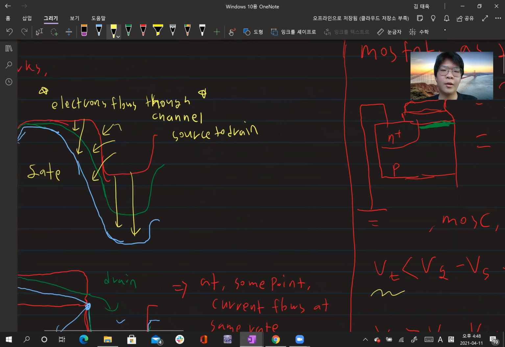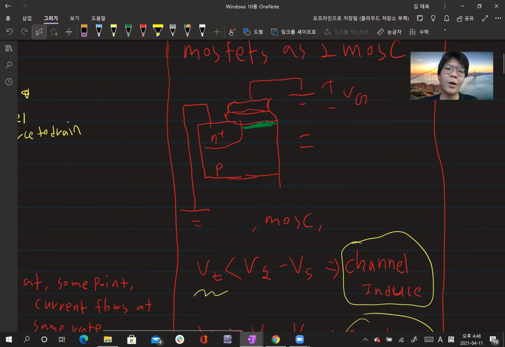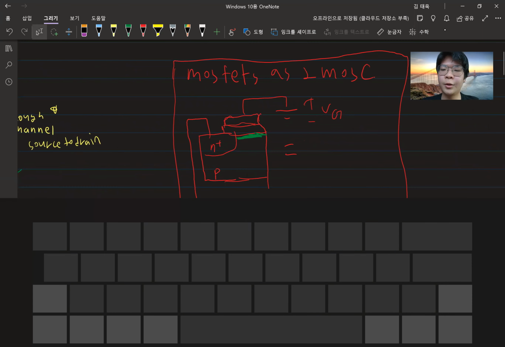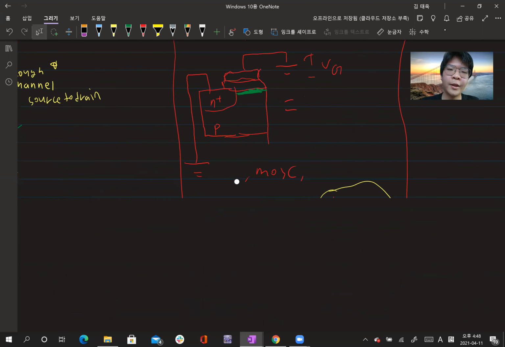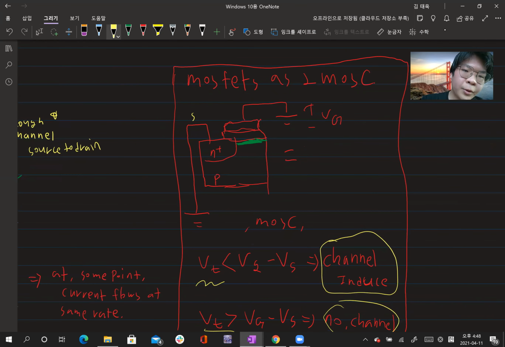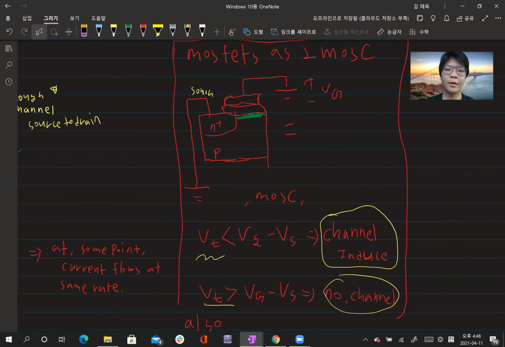So for MOSFETs, we can think of a combination of two MOSFETs. At the source side, a MOSFET has the property shown here.